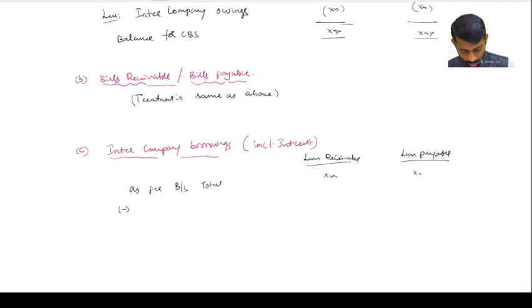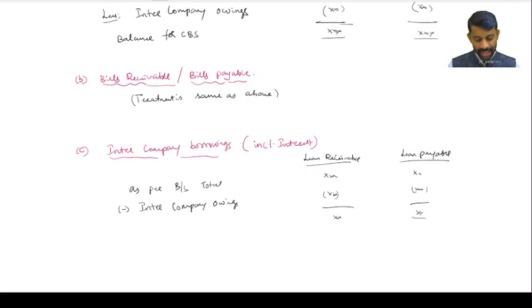So less intercompany owings. If you minus, it will become a 0, whatever might be. Correct? Only outsiders will come in CFS, my dear friends. Intercompany borrowings will be cancelled. So balance to CBS. Are you understanding slowly?